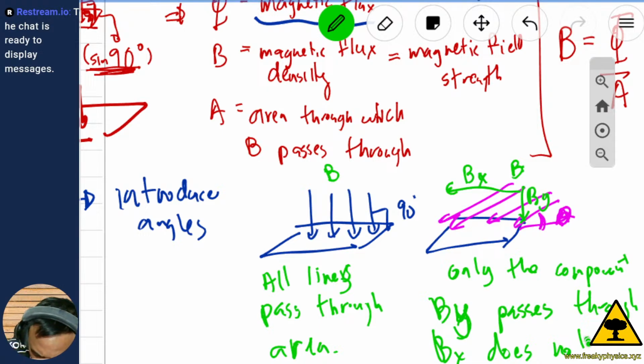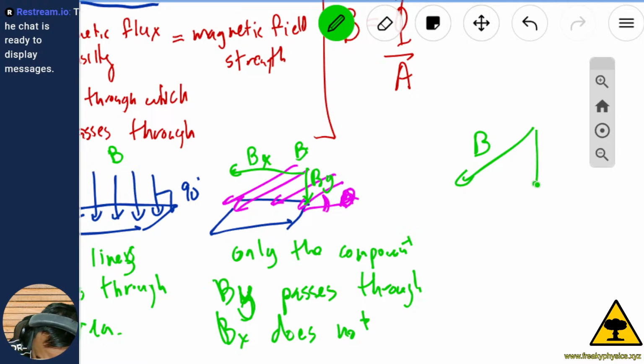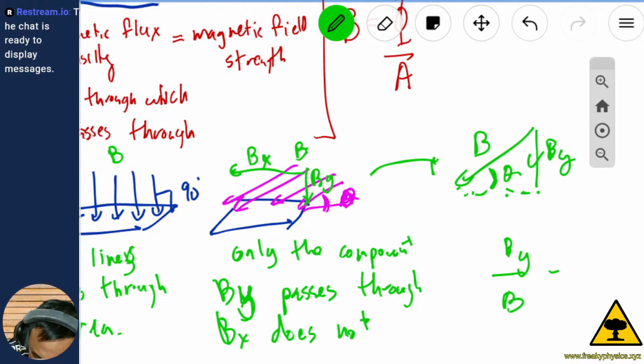That's the reason why we need to consider the angle. So in this case, if I draw this further, this is going to be B, this is going to be By, and this is our angle theta. From the triangle we formed, By over B is equal to sine theta.